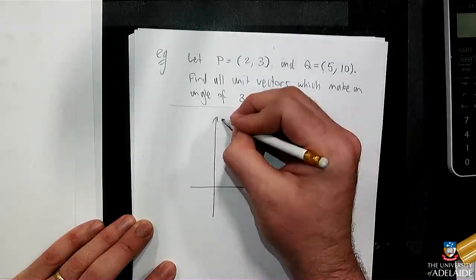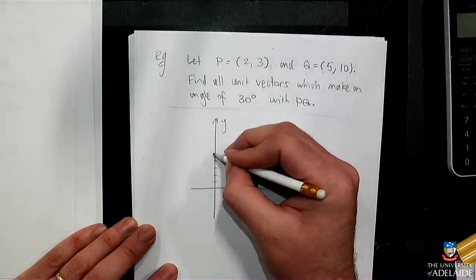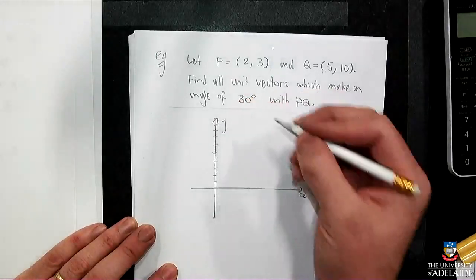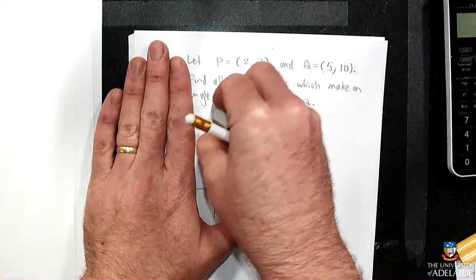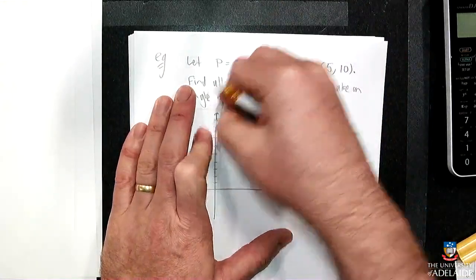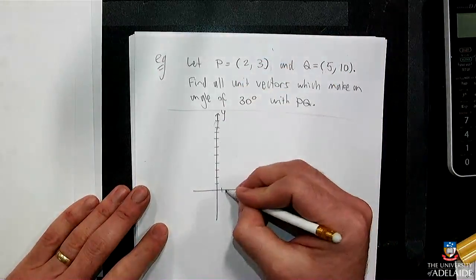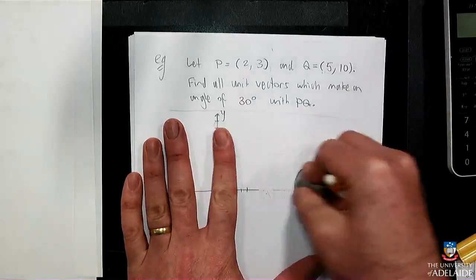So there's an x-coordinate, there's a y-coordinate. 1, 2, 3, 4, 5, 6, 7, 8, 9, 10. I'm going to have to fit that in to get my Q, so I'm just going to make that a little longer. Okay, so probably don't need all of that space.